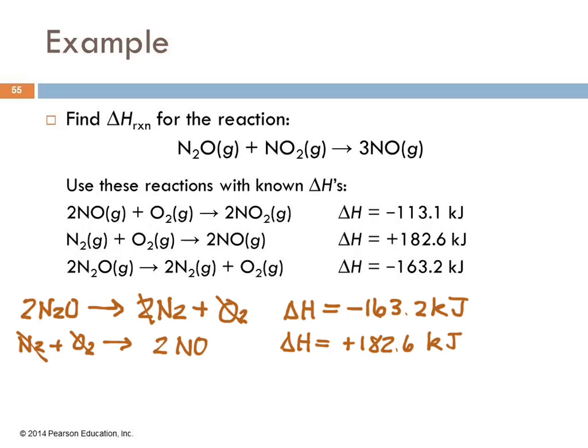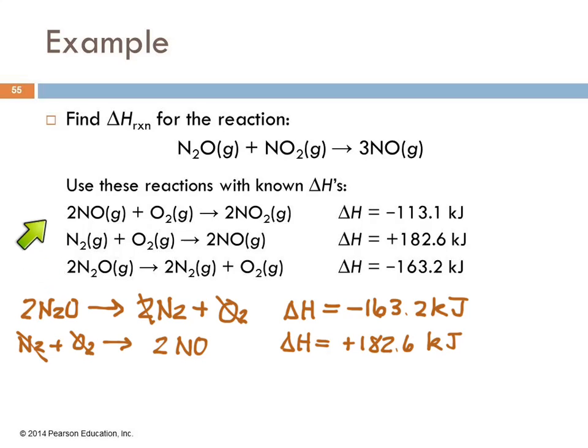Okay, so we're making some progress here because this is what we're trying to get to. We've got N2O on the reactant side, and now we've got NO on the product side, but we've still got a nitrogen in here that doesn't show up over here. And we need to have NO2 in there. And so we've used this equation, and we've used this one.